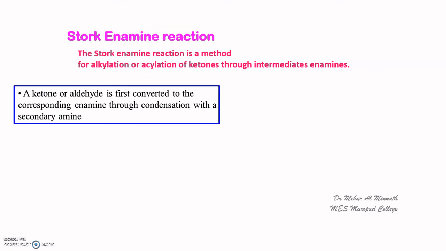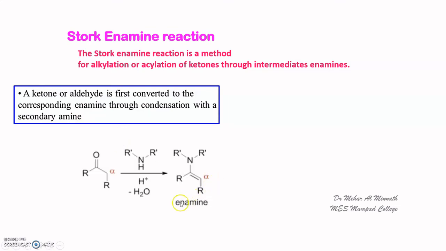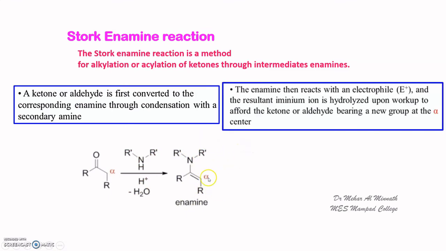First, the enamine is formed: when the aldehyde or the ketone reacts with a secondary amine, we get an enamine. And this enamine will be attacked by the electrophile on the alpha carbon of the enamine, followed by hydrolysis, to give the substituted ketone.